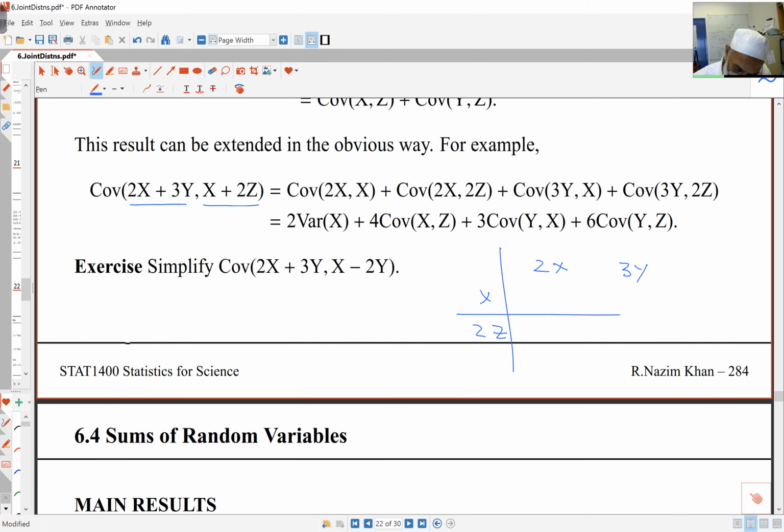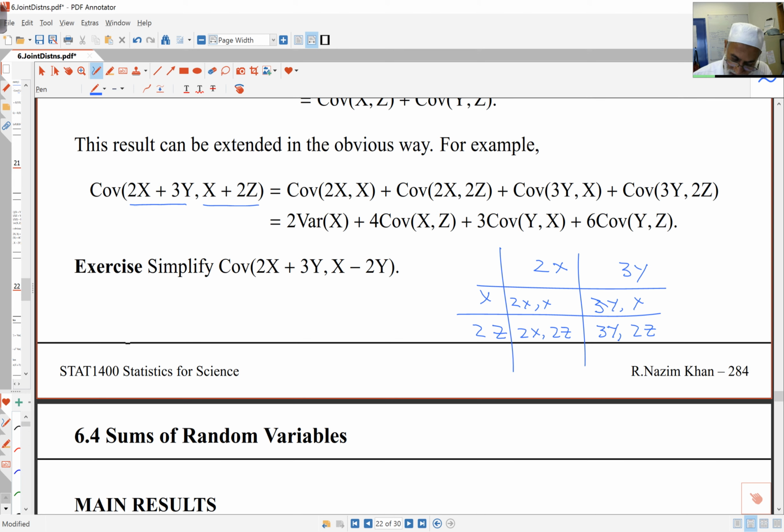In this table, here I've got 2X and X, here I've got 3Y and X, here I get 2X and 2Z, and here I get 3Y and 2Z.